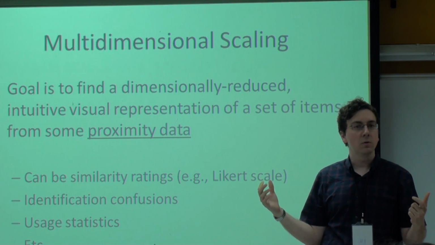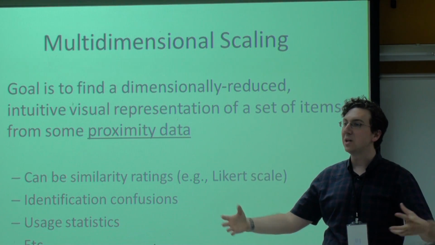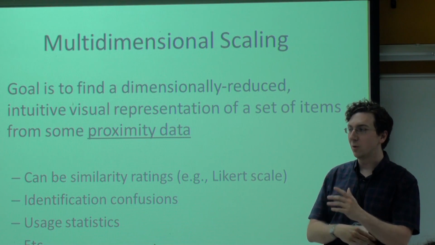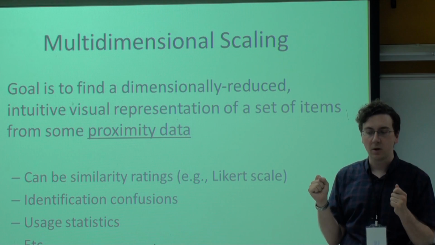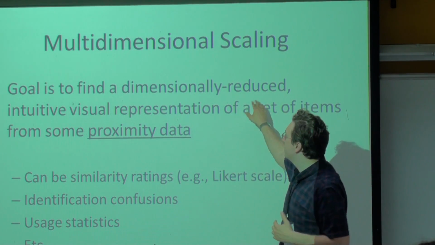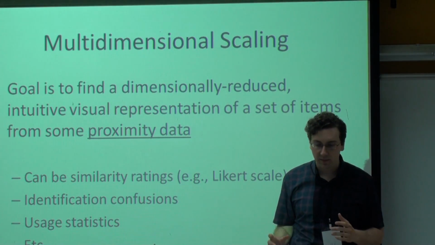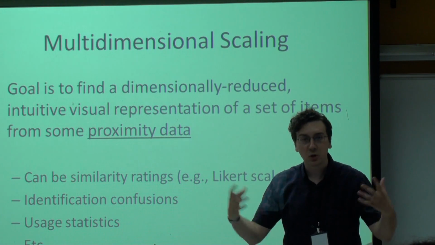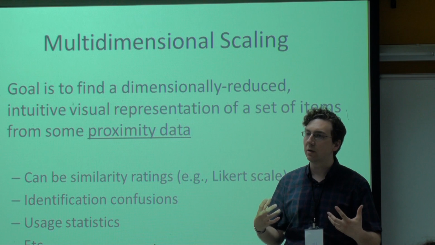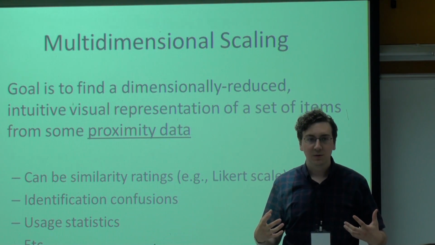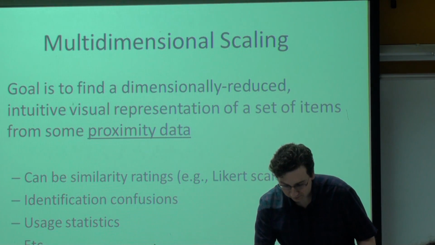We really want to have a nice, potentially even 2-dimensional or 1-dimensional representation of what those relationships are. So we want to reduce the number of dimensions that we're actually thinking about, to capture a lot of the variance in those similarity relations, but without necessarily taking into account all of it.